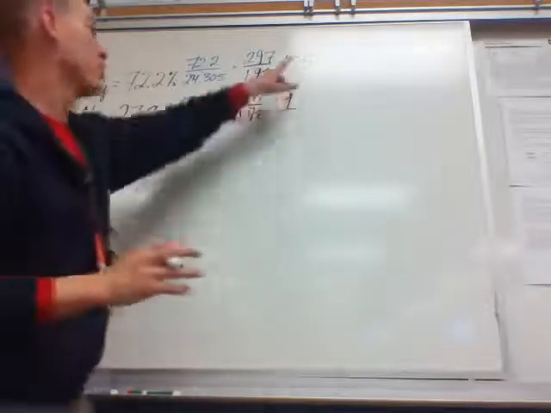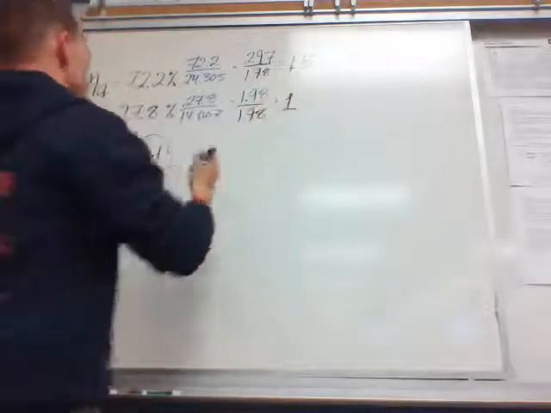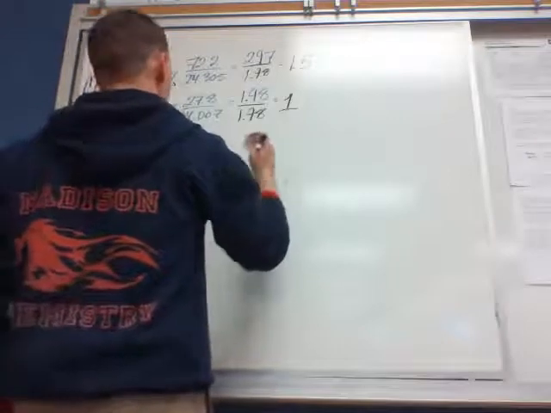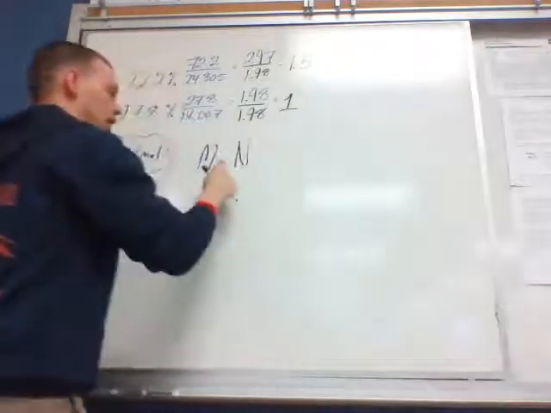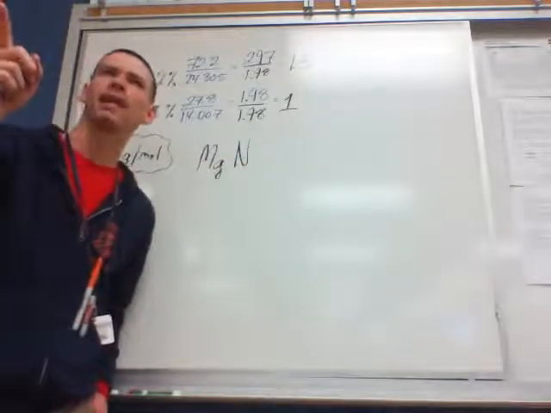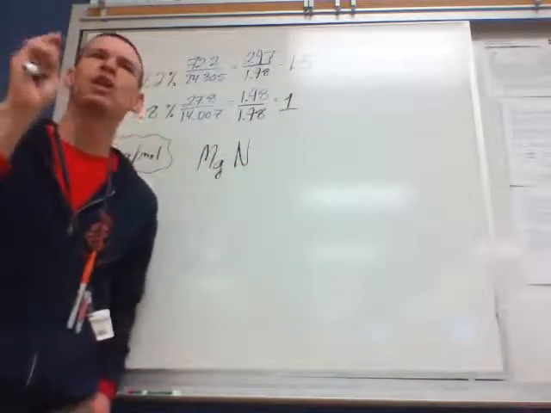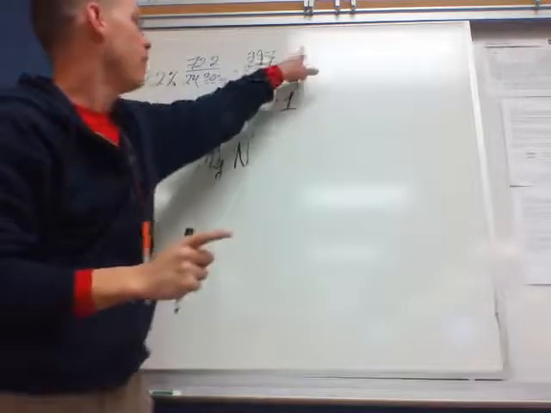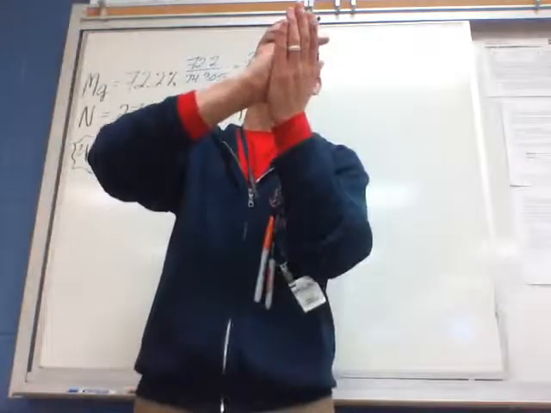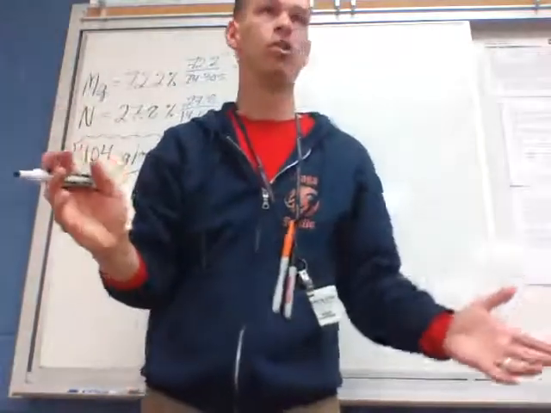Now remember, those numbers, these step 2 answers that we get, are supposed to be the subscripts that we're looking for. The little number there and the little number there. But there was a side note that I said. If any, listen closely, if any of these numbers end in 0.4, 0.5, or 0.6, then we multiply all of them by 2.